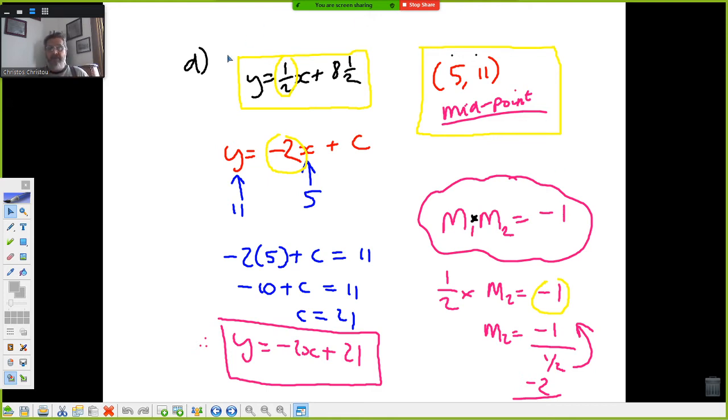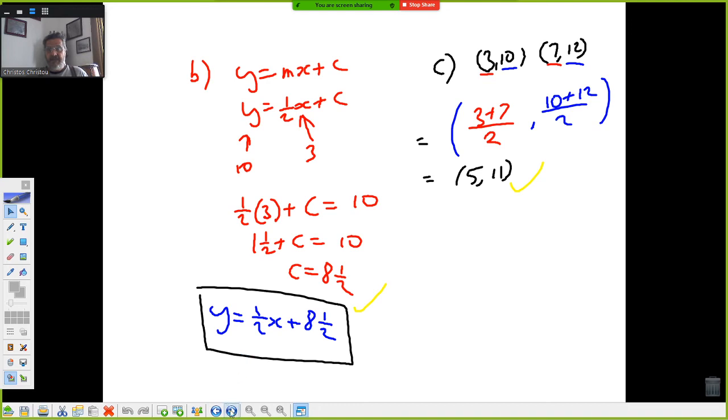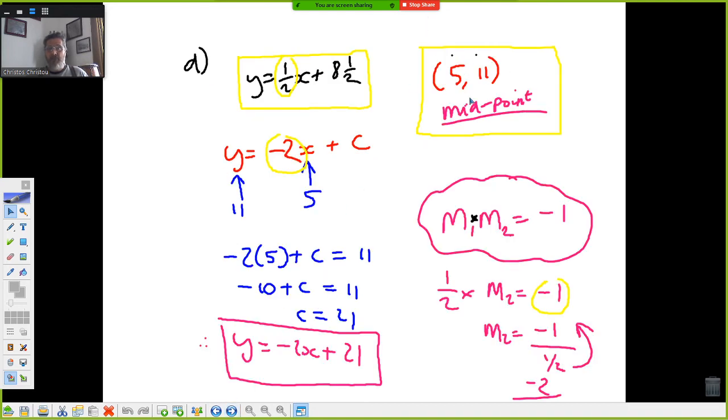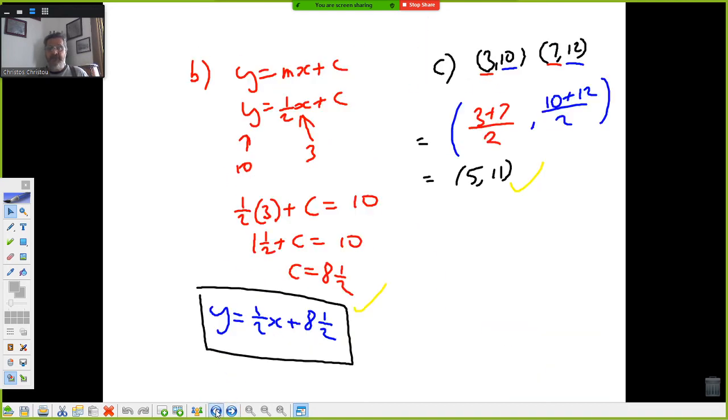So here it is, y equals half an x plus 8.5 from the previous page. And this is the midpoint we're going to use. So there's no choice in the matter now. We can't say I'm going to use this point only, or this point only. The equation of the graph has got to pass through that midpoint. So that's going to be my x, that's going to be my y.